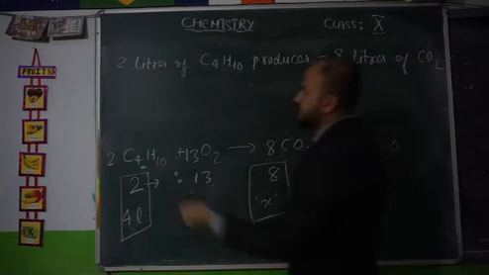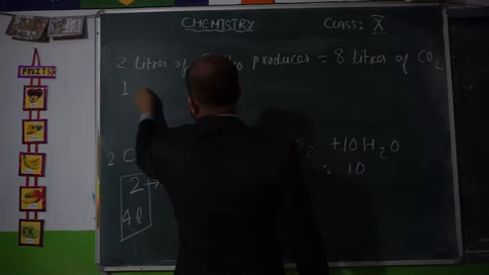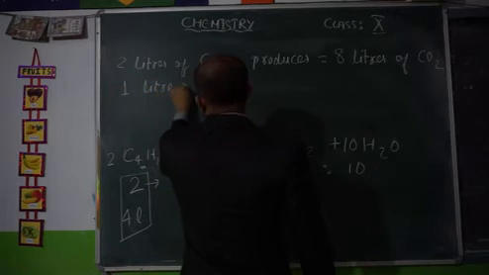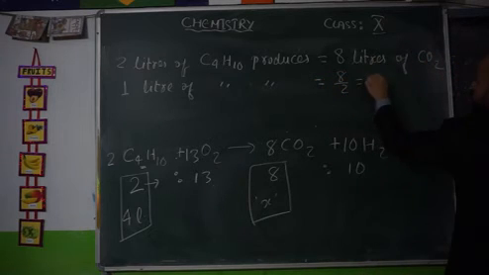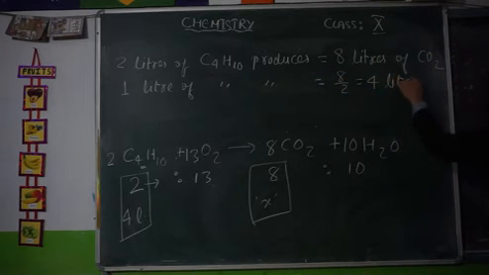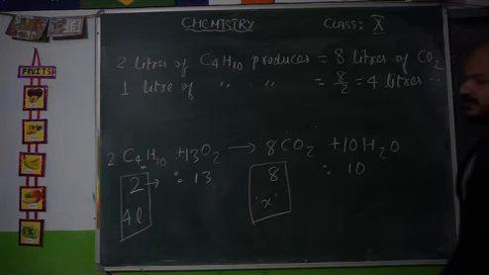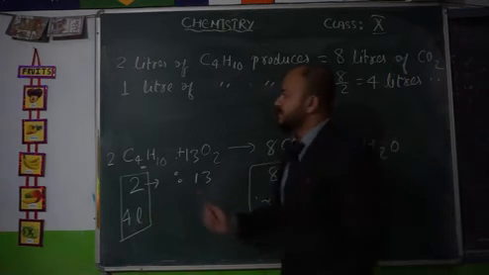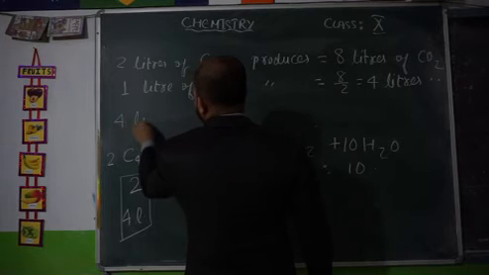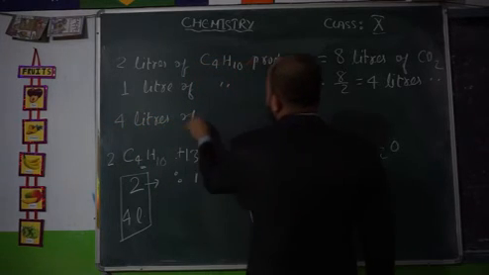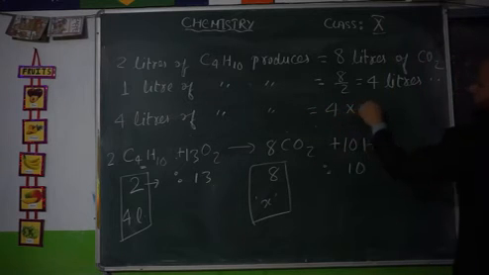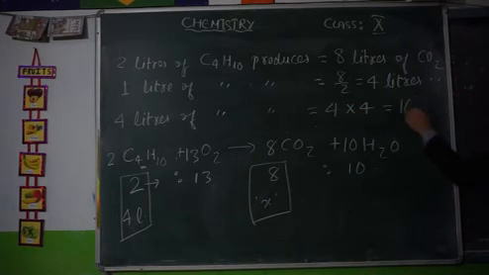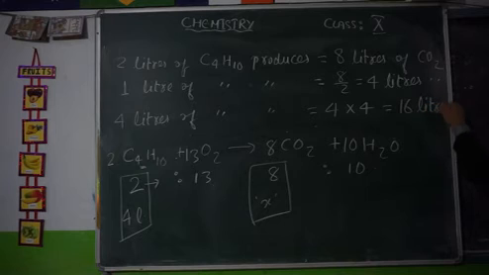So let's find out for 1 liter how much it will be. 1 liter of butane produces 8 by 2 equals 4 liters of carbon dioxide. Now let's calculate for 4 liters. Now for 4 liters of butane, this will produce 4 into 4, that is 16 liters of carbon dioxide.